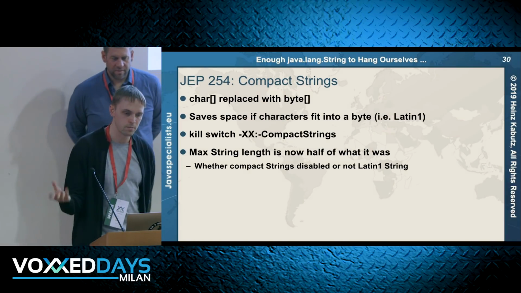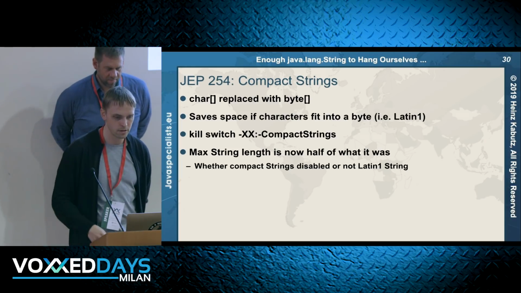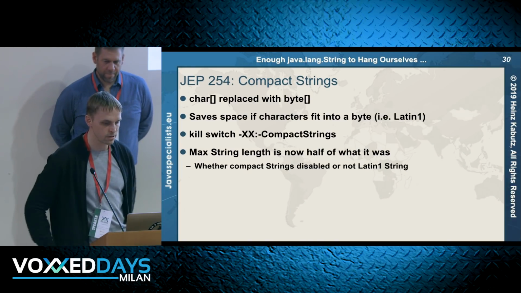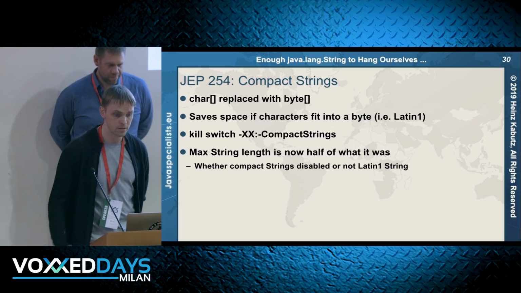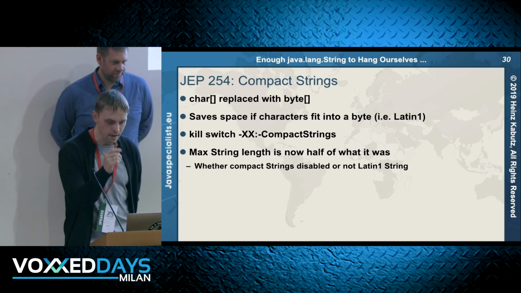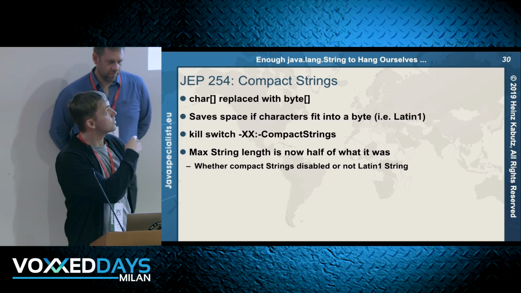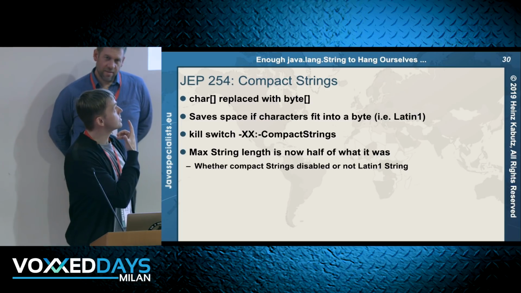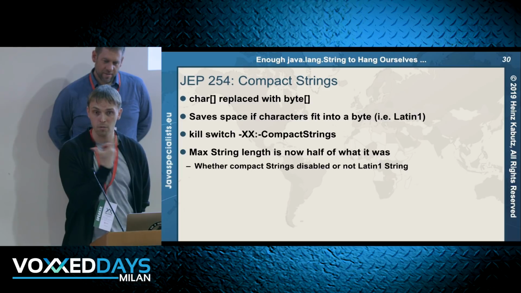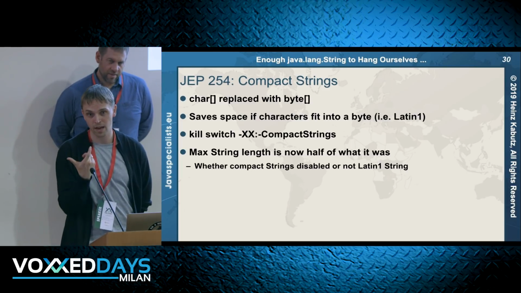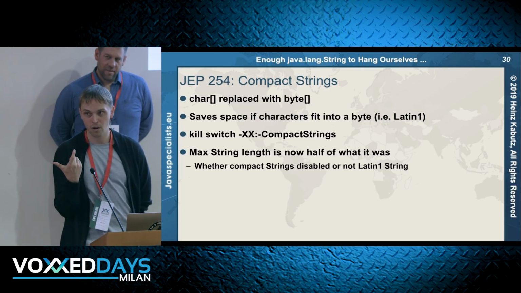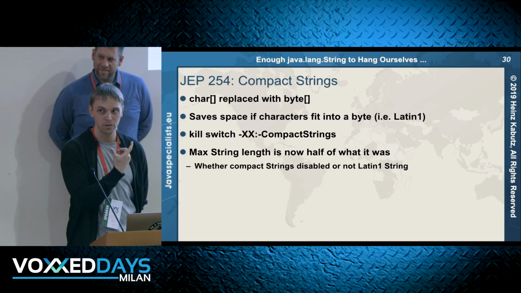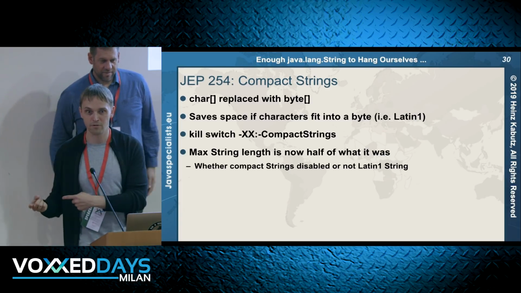As I explained about compressing char to Latin-1, there is a kill switch, CompactStrings, which you can use to disable that. Actually, it's interesting. During development, they had a bit of a catch-22 problem, because CompactStrings is a command line flag, and command line flags are strings. Now, you are inside the String class, and you need to look up a command line flag.